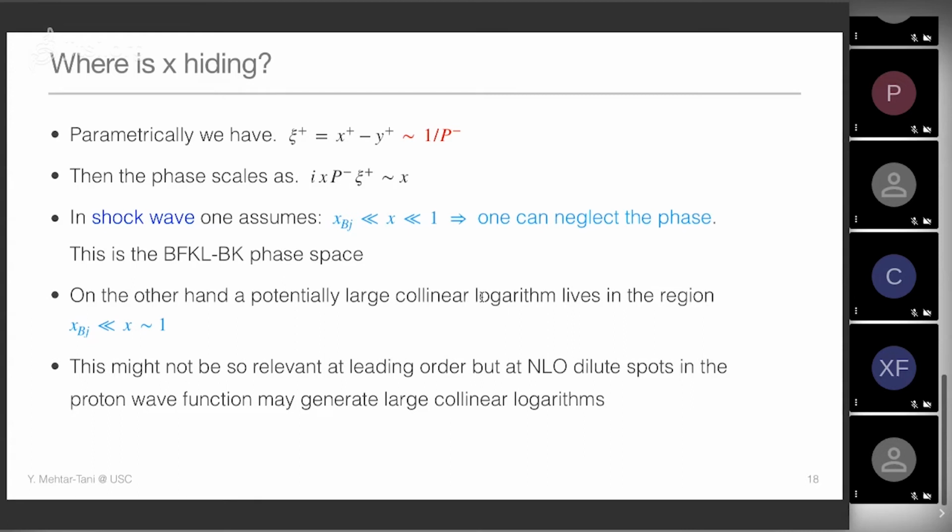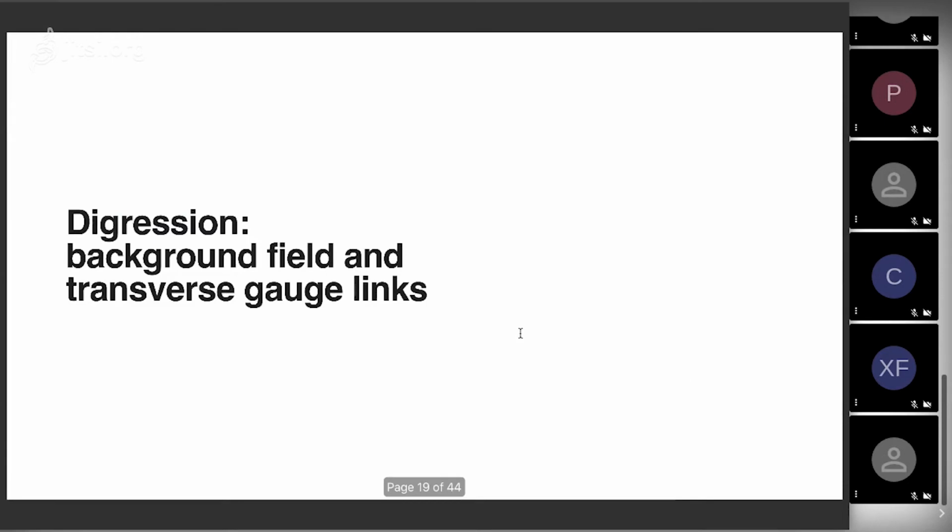If you are at leading order, this is not so important. But when you go to next to leading order, the collinear logarithms become important, because you start looking at regions where two radiations have similar x, and that's where large collinear logs appear.